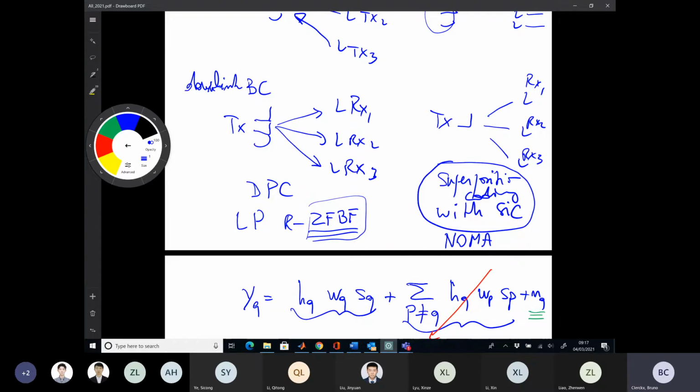So zero forcing beamforming does not work in that scenario. And then other types of transmission could be used. The DPC would obviously always work, but simple linear precoding like this would give you some issues.